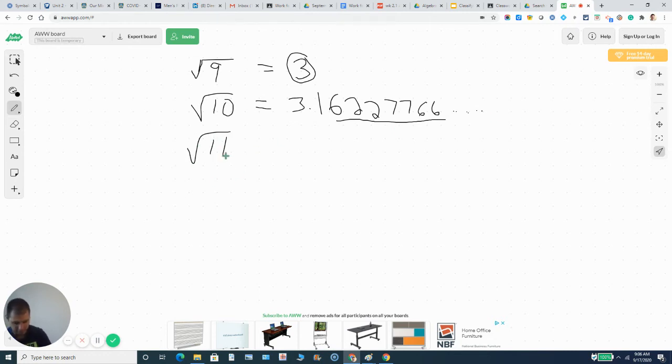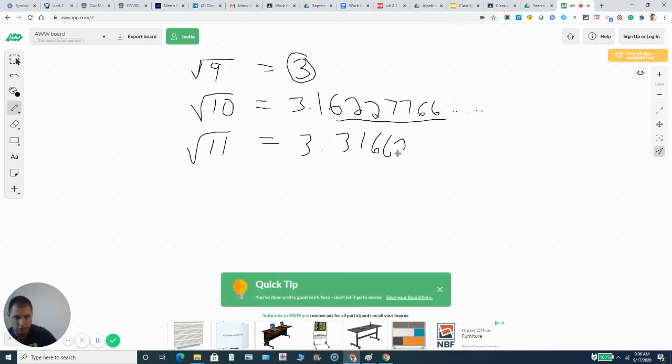Then we do the square root of 11. Type that in your calculator. And when you do that, you get 3.31662479. Now it stops in your calculator, but your calculator runs out of space, and this actually goes on forever. Square root of 12. Type that in your calculator. Hopefully you're starting to get my point.